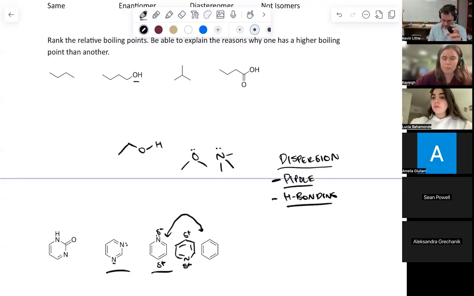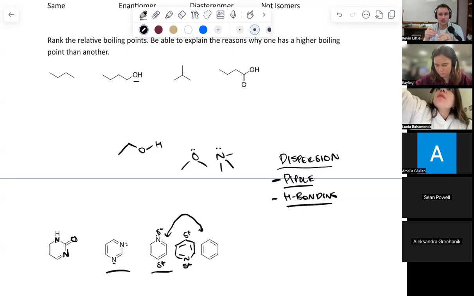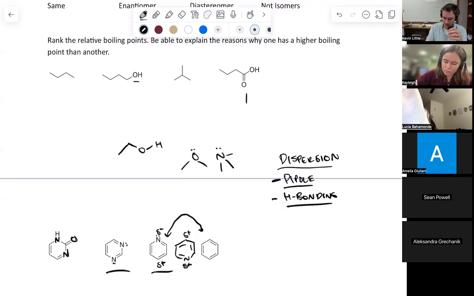And then this one's just ramped up to the max. Generally, the more heteroatoms per size, the higher the boiling point is going to be. You're just going to get more hydrogen bond donors and acceptors. Notice this is 1, this is 2, this is 3, this is 4.